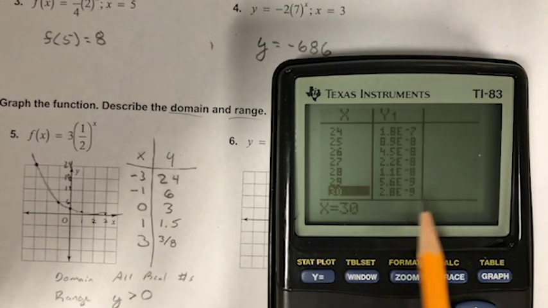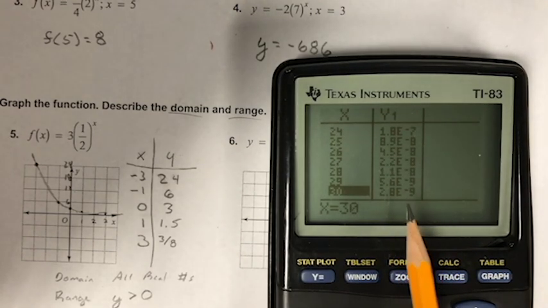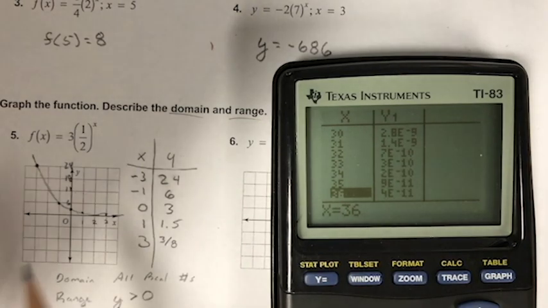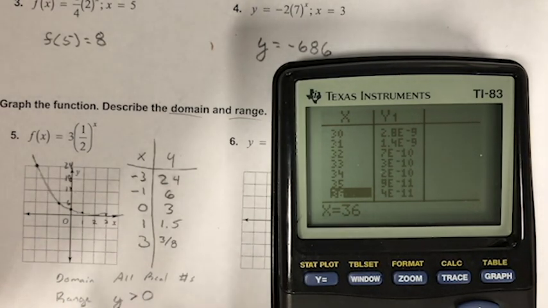And even though this gives me a scientific notation number, it still never reaches 0. It looks like it, but it doesn't, mathematically anyway. So the domain is all real numbers. It can be any number in the world, but the range can be anything greater than 0, but it cannot be 0.